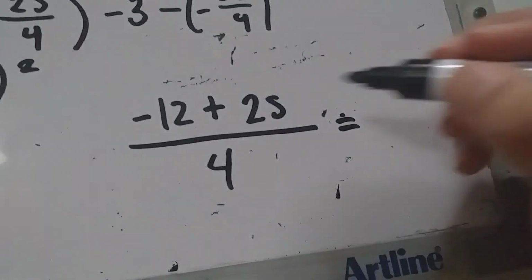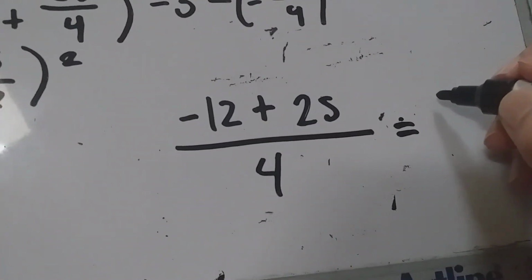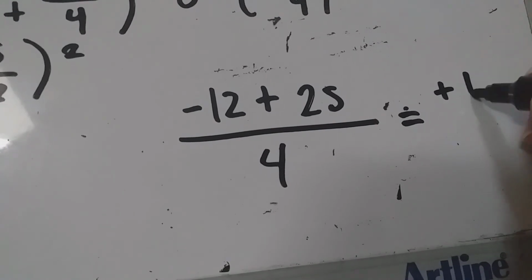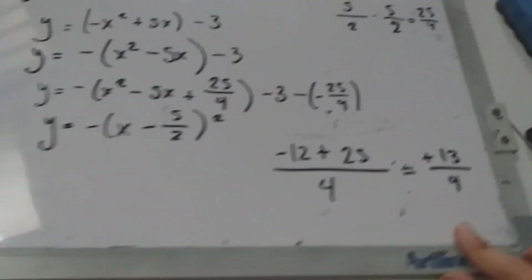You just simplify the ones above. Negative 12 plus 25 is positive 13. So 13 over 4. And that's what it is.